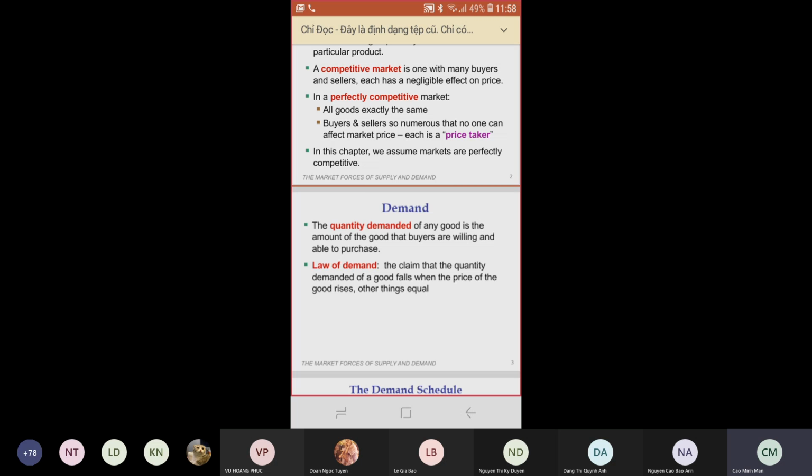You have to accept the market price. I say one more time, you cannot set the high price. The product is exactly the same. Your customer will walk away if you set a high price. You are just a price taker. You are just a price acceptor.